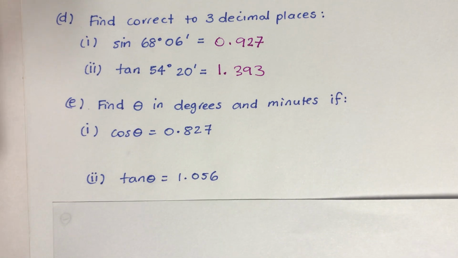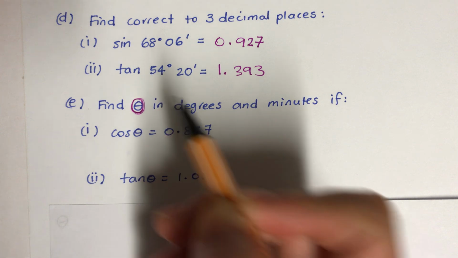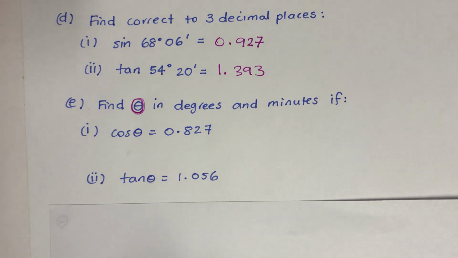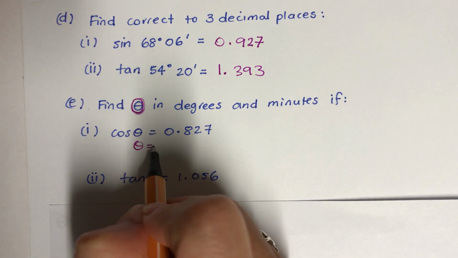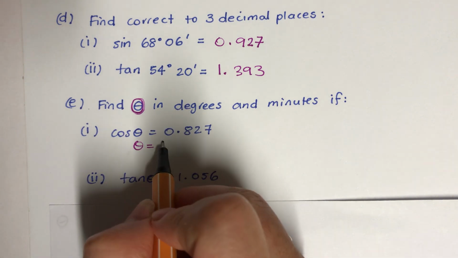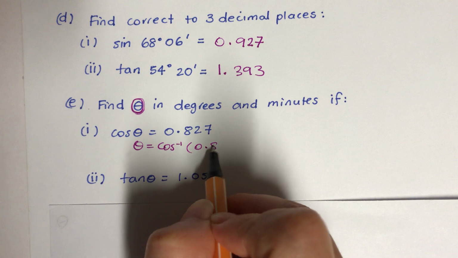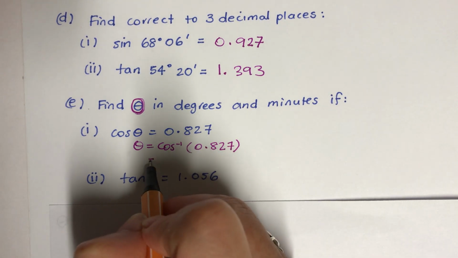Next one is a find theta, which is angle. Now, anything we have to find the theta, you've got to do shift trig ratios. Why? Because this one is theta equals, when the cosine goes the other side, it becomes inverse. So it'll be 0.827. And then you have to find it.